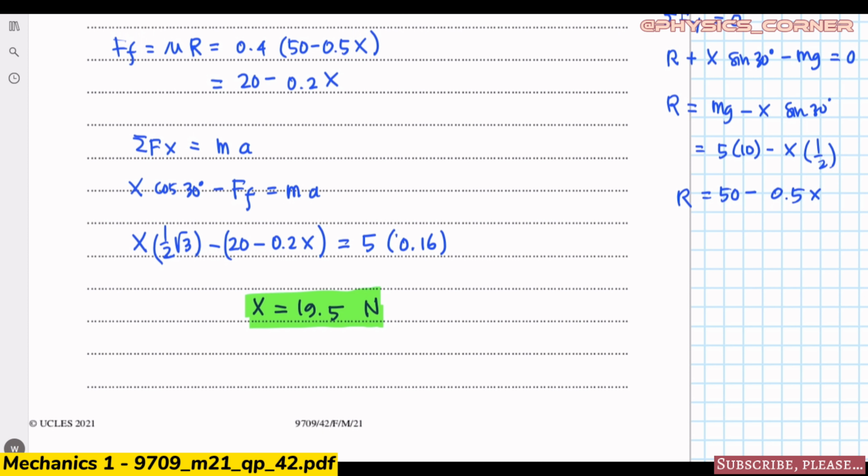Actually x times (a half root 3 plus 0.2) equals 20 plus 0.8, so x equals 20.8 divided by the coefficient of x. Here we get 19.5. Okay, we continue to the next question.